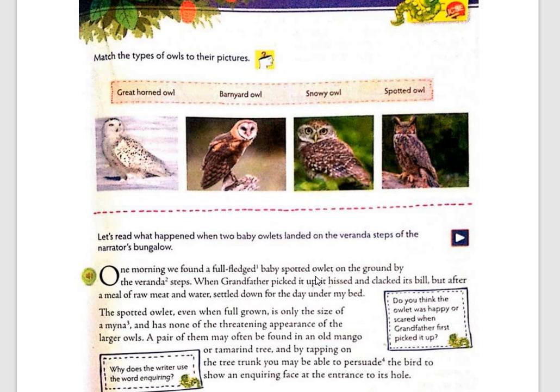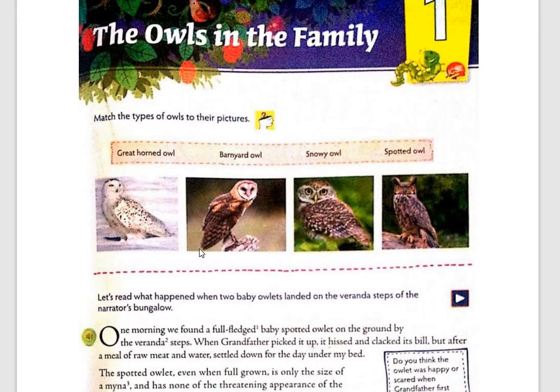One morning we found a full-fledged... before that, let's read what happened when two baby owlets landed on the veranda stairs of the narrator's bungalow. One thing I was telling you earlier: when you read Ruskin Bond stories, you can relate the circumstances, the atmosphere, the background he is talking about.